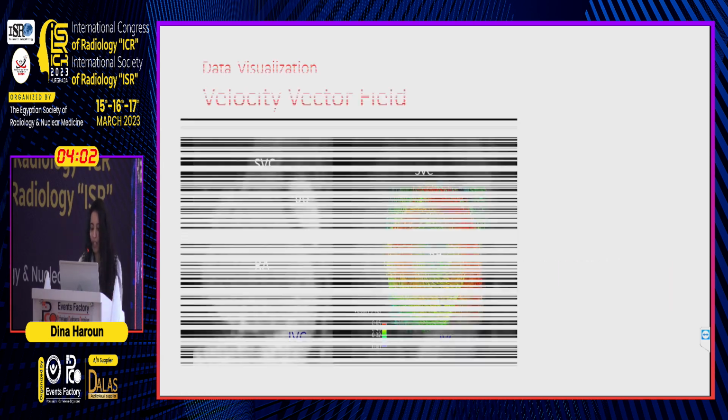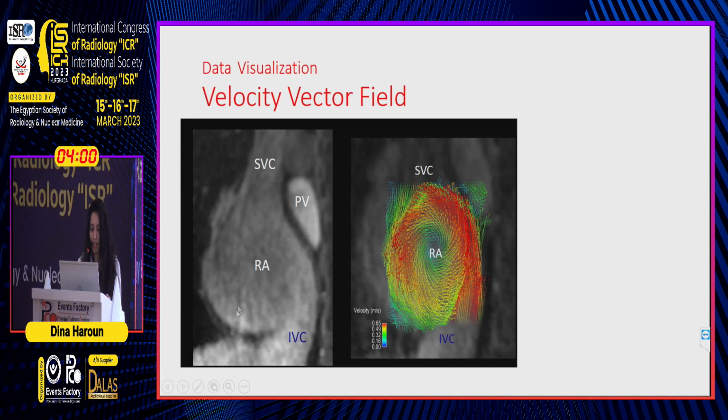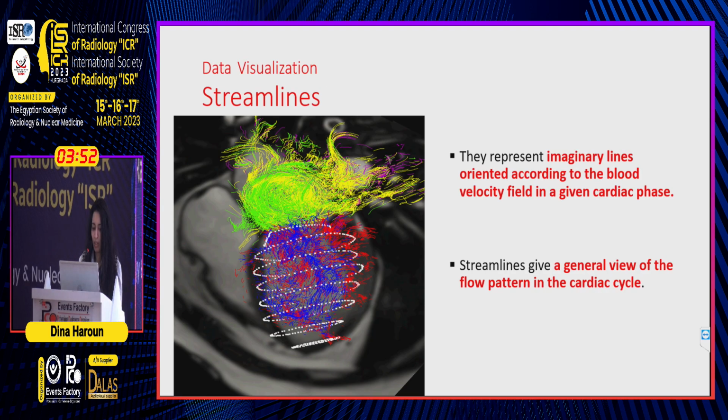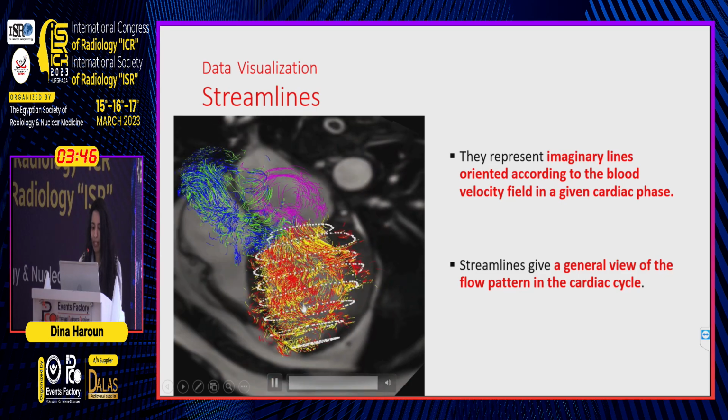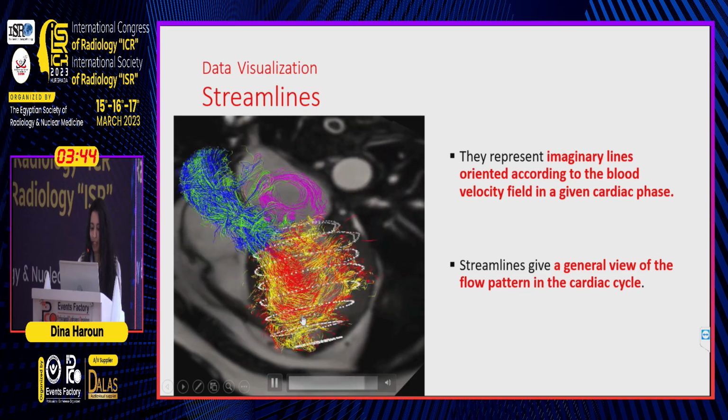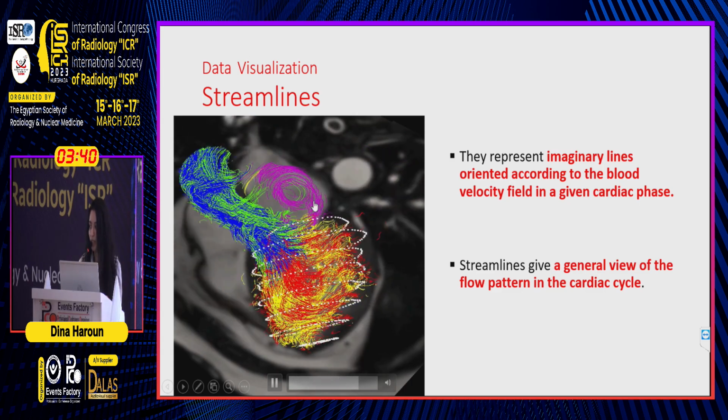Okay, what is the velocity vector field? Those represent the velocity with the direction of the flow. The streamlines are concerned with the velocity, and we can see here, for example, that the red is slower than the yellow. We're going to discuss those lines in detail afterwards.